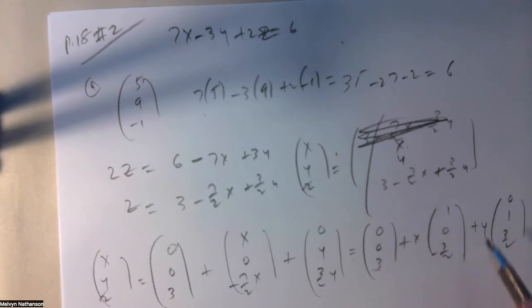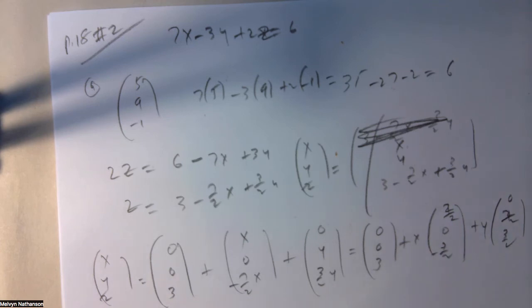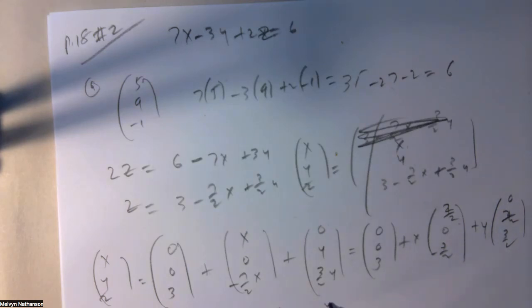But again, just because I don't like fractions, I can write 1 as 2 over 2. So then I can write (x, y, z) is (0, 0, 3) plus, and you factor a half out of this, I get x over 2 times (2, 0, minus 7), plus y over 2 times (0, 2, 3).